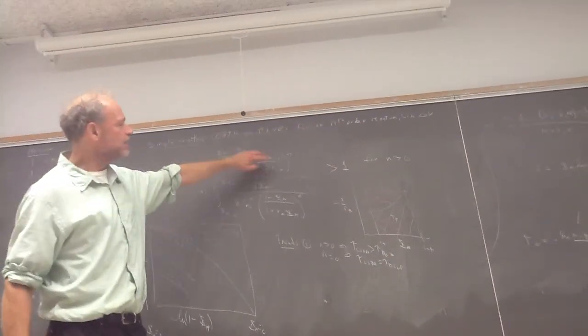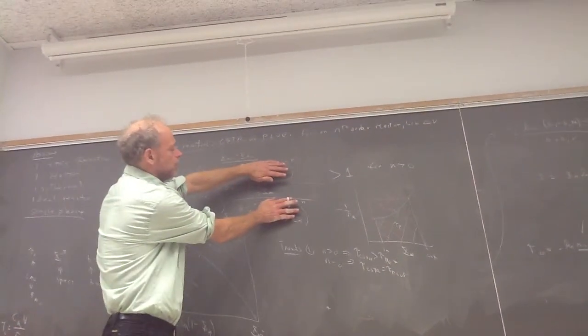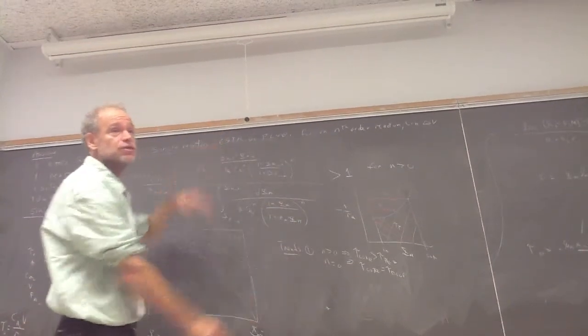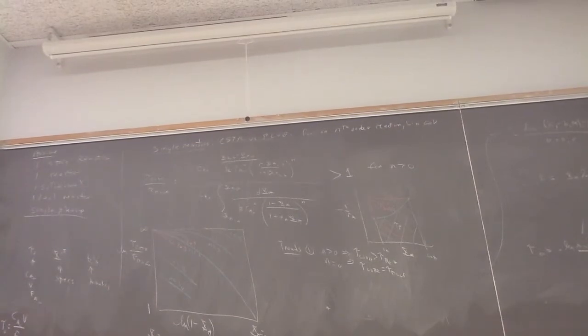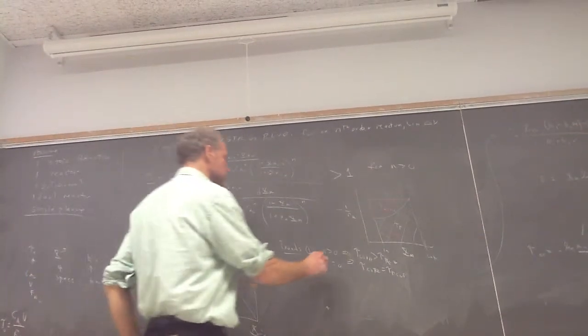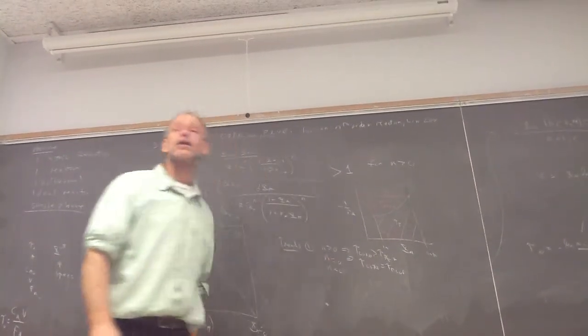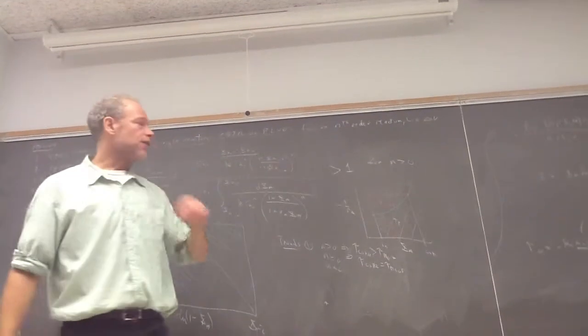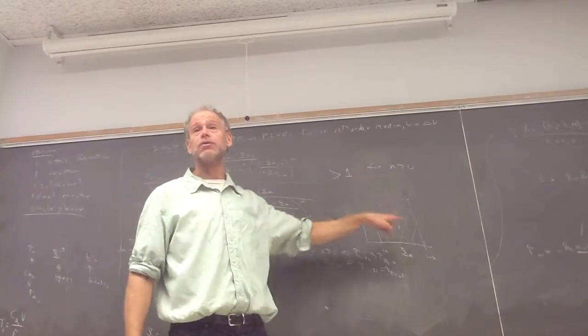And you can see that here, when n is 0, this term drops out, this term drops out. So this integral is just the integral dx, gives me the ratio. Just get 1. If n is negative, I have a negative order reaction in some concentration regime. Then instead of this curve going up, it goes down.